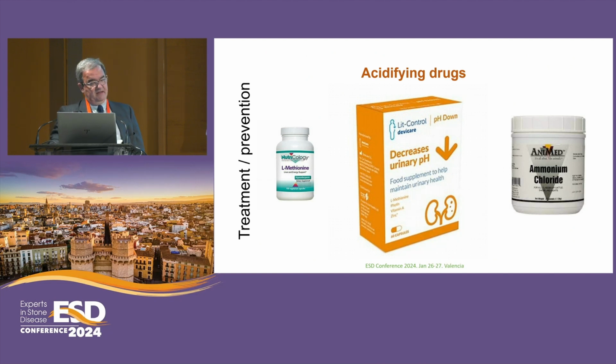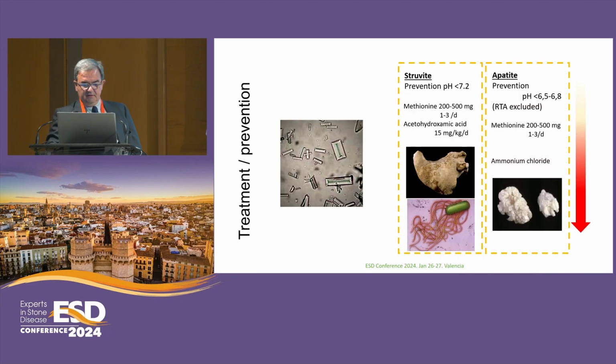What to acidify with? We have some other drugs like L-methionine, ammonium chloride, and another nutraceutical that combines L-methionine, vitamin A, and phytate. The aim with this medication is to decrease the urine pH.